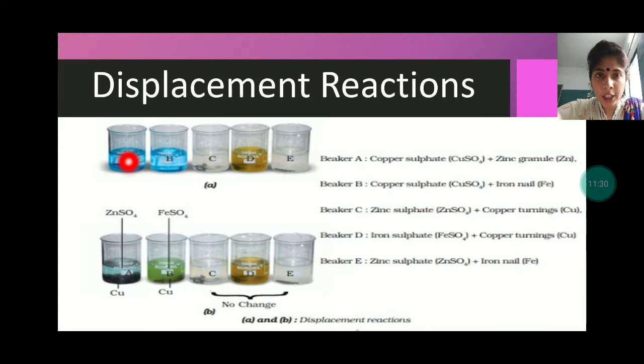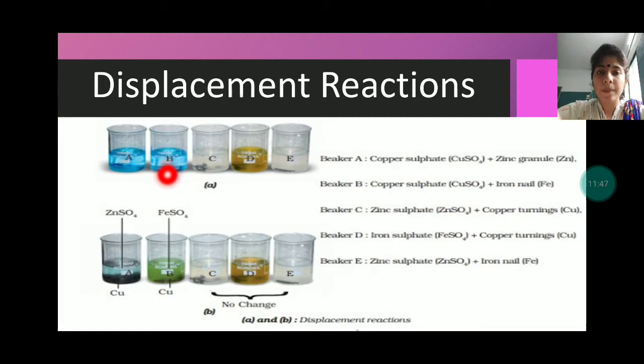The copper sulfate will leave the sulfate, and this sulfate will react with the zinc and form zinc sulfate solution. That's why the color has changed.